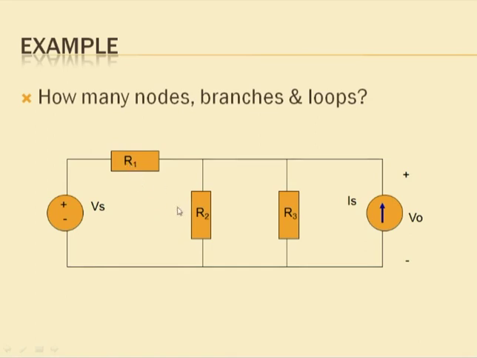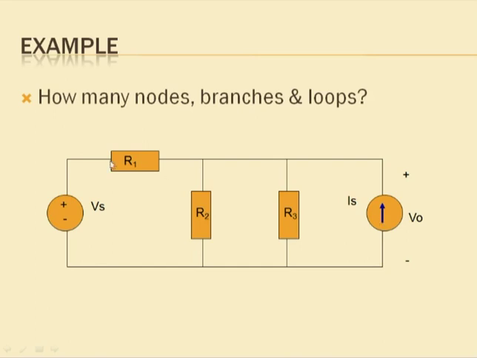Resistance, inductance, and capacitance are known as the passive elements of the circuit, and here we have three passive elements R1, R2, and R3. So the total number of elements in the circuit is 3 resistors plus 1 voltage source plus 1 current source, which is equal to 5.